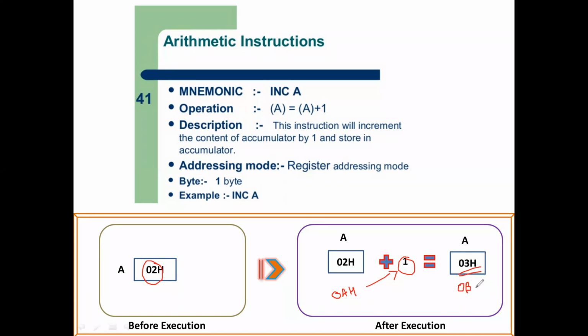In hexadecimal, 10 is A. If you add 1 to it, in hexadecimal it will show 0B, which is 11 in decimal. Just adding 1, that's it. No need to get confused.